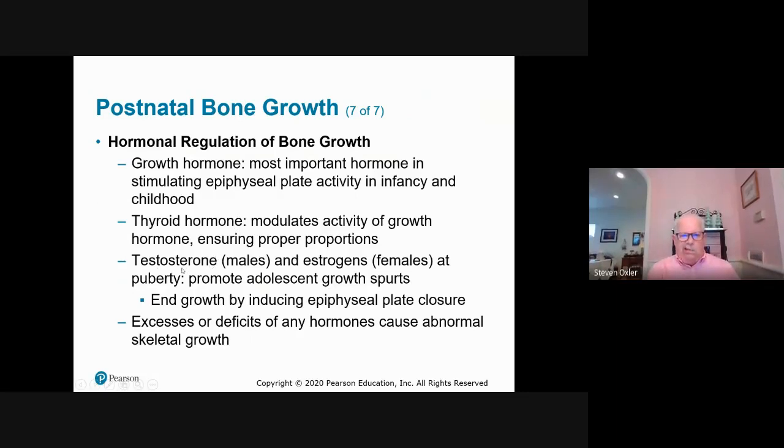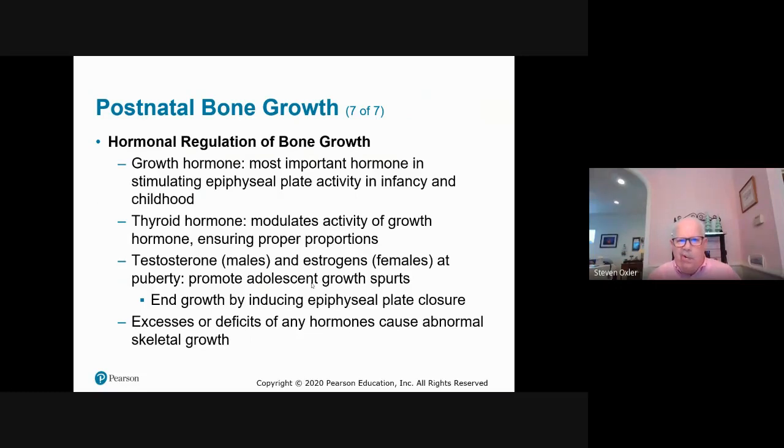Once the epiphyseal plate closes, these hormones have no further effect on bone growth, lengthwise anyway. So growth hormone, thyroid hormone, and the sex hormones.